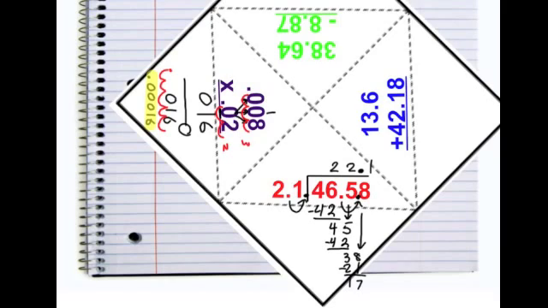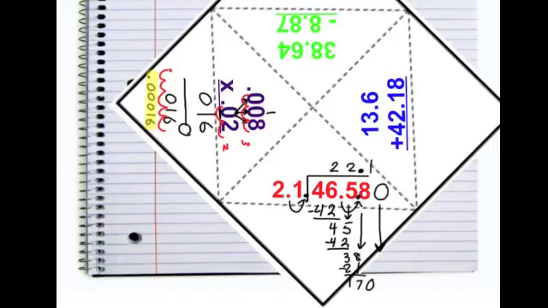17 left over. I can continue this by adding a decimal and say how many times does 21 go into 170. But I certainly do not have to. I just have to decide whether this decimal is going to repeat or terminate. I believe this decimal is going to go on for quite some time.